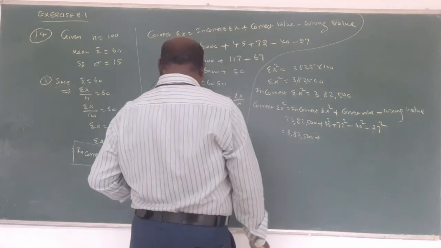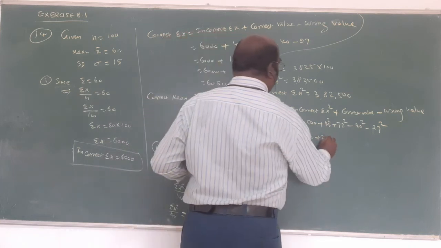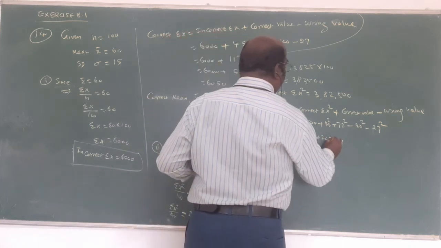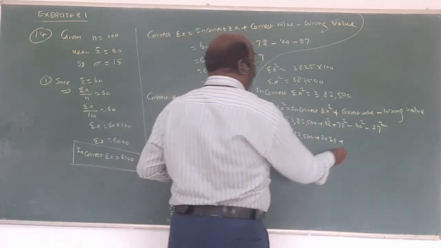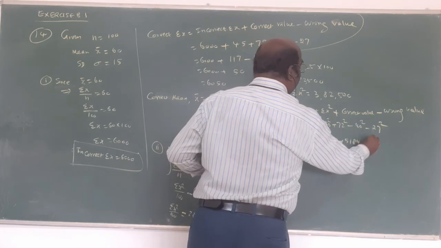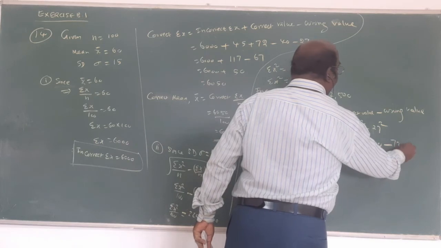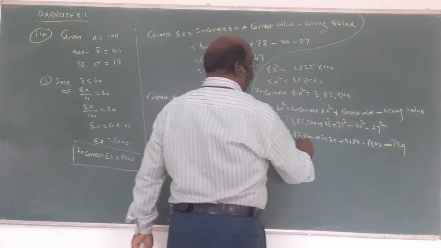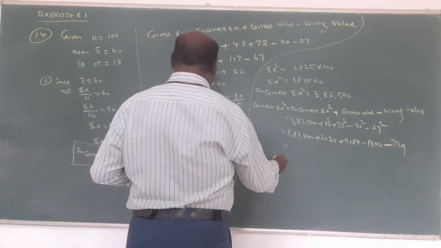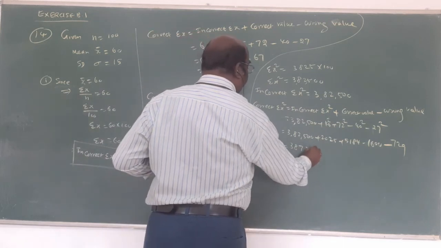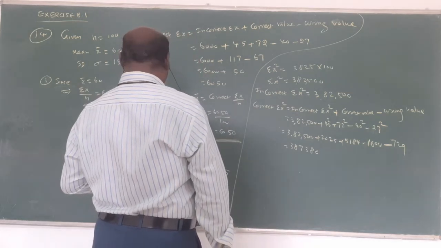The 45 square is 2025. 72 square is 5184. 1600. 27 square is 729. Adding all three numbers and subtracting, the total is 387380. Am I correct? 387380.